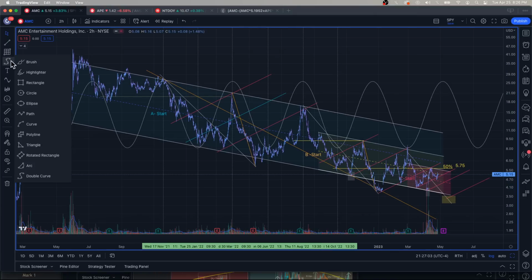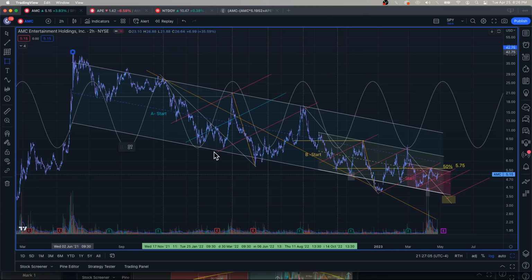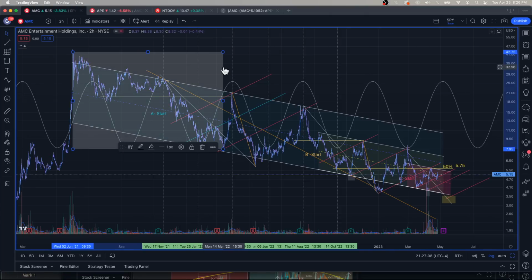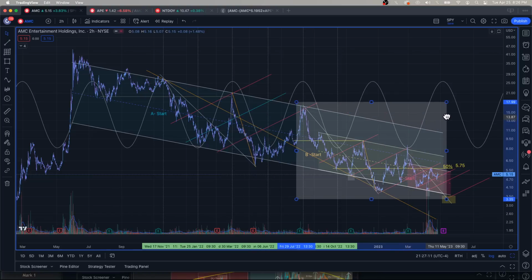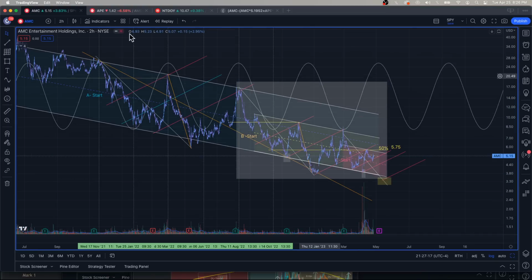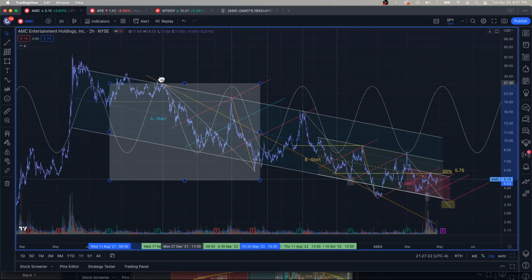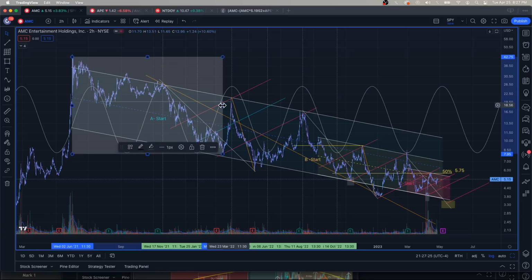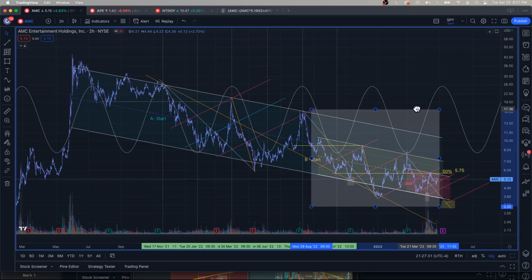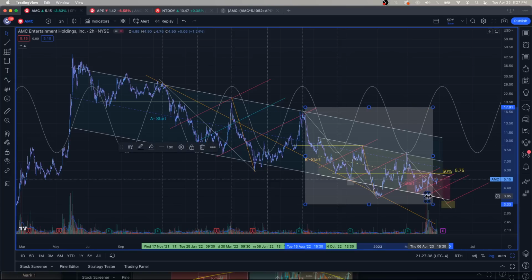You can take as best you can a rectangle, and you can measure from here to here, and you could apply that over here, and you could say, well, maybe it's going to be over here, on May 19th. And that makes sense. You could also not include that push period, or that downward period, and you could just include this top, in which case you might say, well, maybe it's like right now, maybe it's already happening, maybe it already got to where it was going to get to, and that was the bottom.